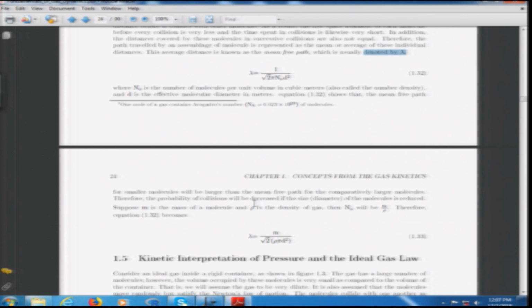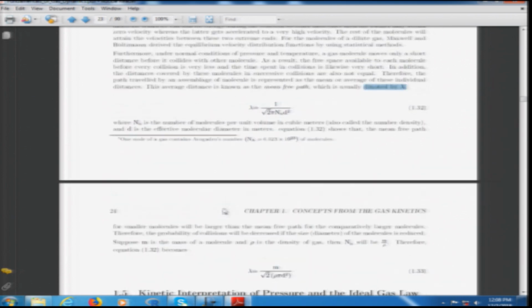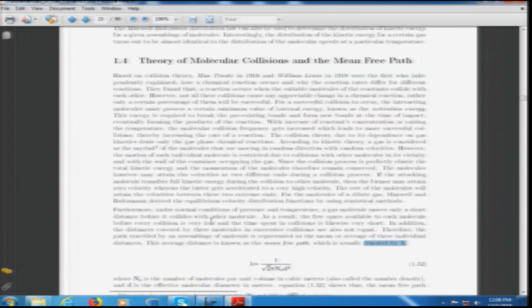That means larger size molecules have higher chances of collision, and then they successfully collide and form the products. That is why these two scientists, Max Trautz and William Lewis, said that during collisions in the gaseous phase, not all of the reactants lead to products.